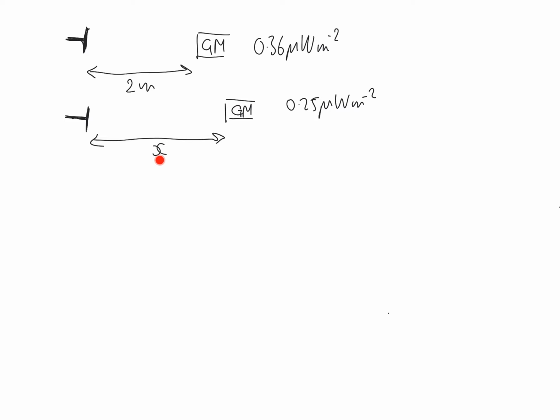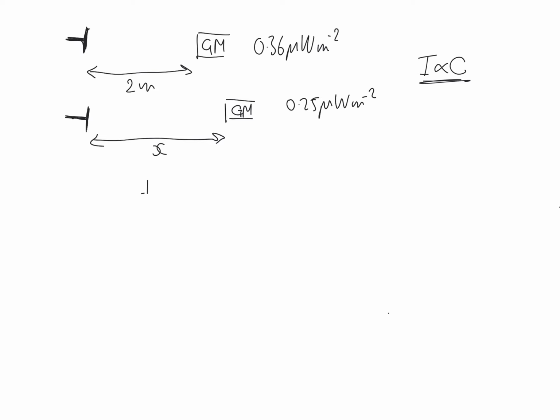So we're going to work out what that distance x is. Bearing in mind, of course, the GM tube doesn't detect intensity, and often these questions won't be set up with a GM tube and intensity to confuse. However, I think it's nicer to see a detector and work out that appreciation that intensity is directly proportional to the count rate.